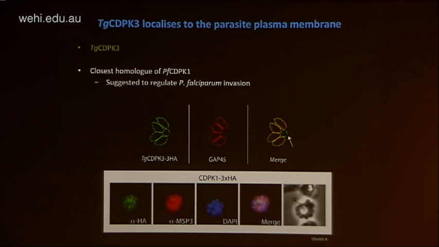And a couple of in vitro phosphorylation studies had shown that it might phosphorylate this actomyosin motor. And you can see here CDPK3 is co-localized with one of the members of the actomyosin motor, GAP45. So a nice piece of evidence to start off with in honours.